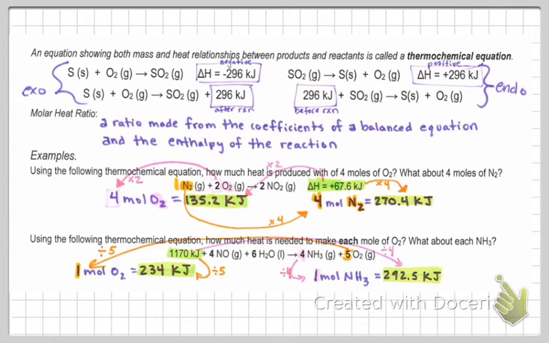Okay, so for example, in this one, this is the synthesis of sulfite. So we have sulfur and oxygen forming SO2, and they tell you that the enthalpy is negative 296 kilojoules. So that tells us that this equation is exothermic, okay?